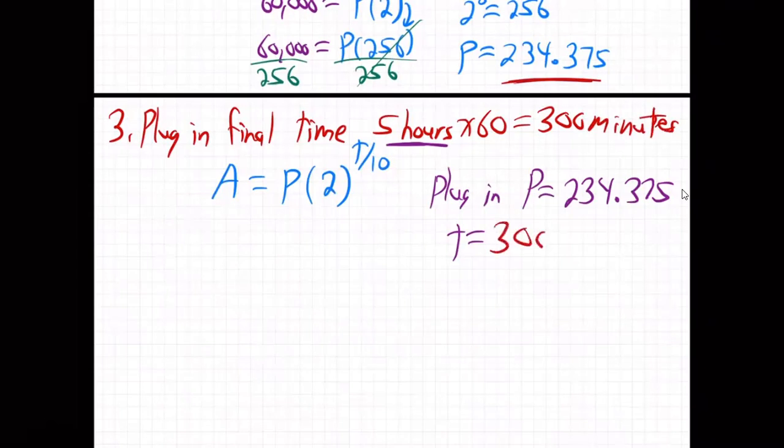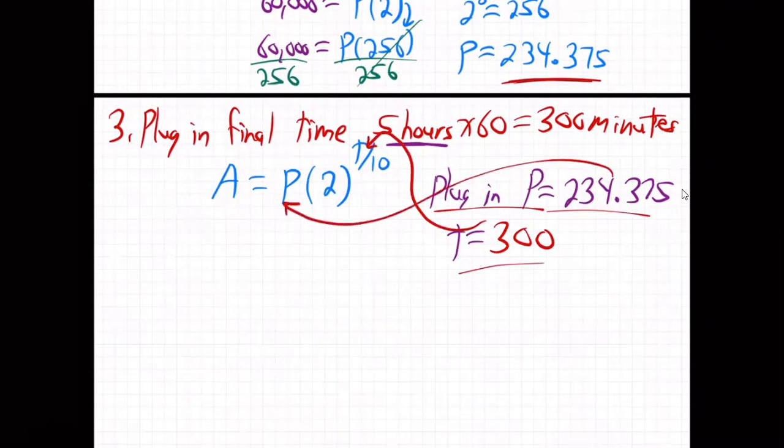So T is 300. We're going to plug in P is 234.375 and T is 300. So put in the 300 there, put in the P there. So the P, 234.375, times 2 to the 300 over 10.